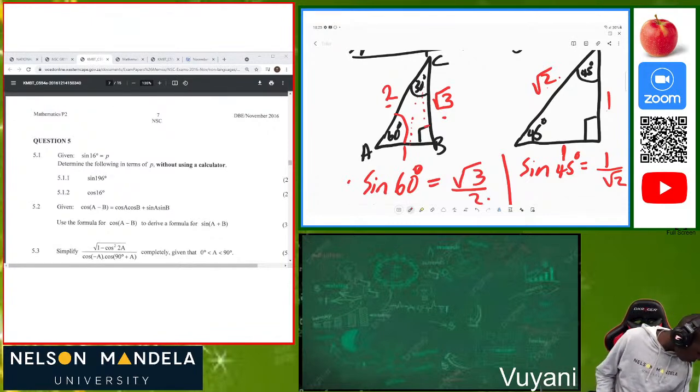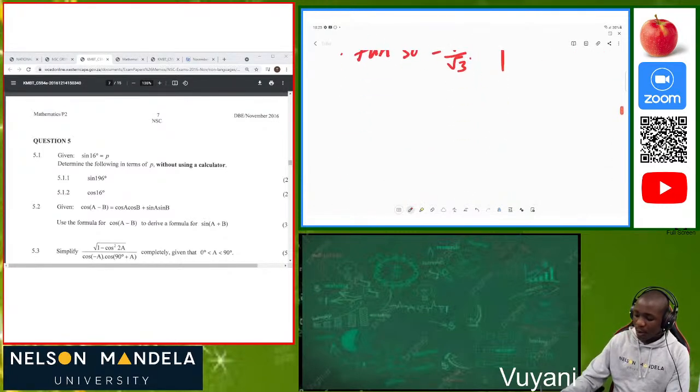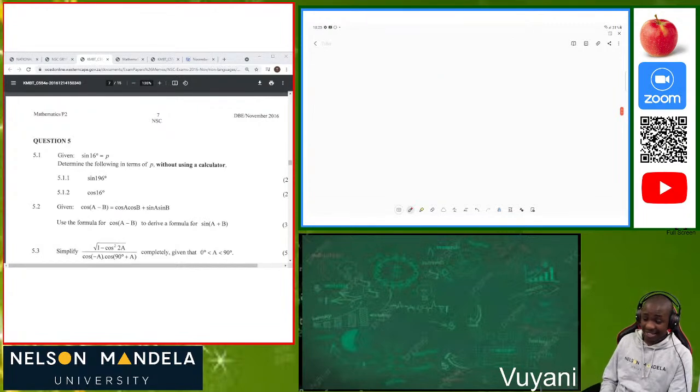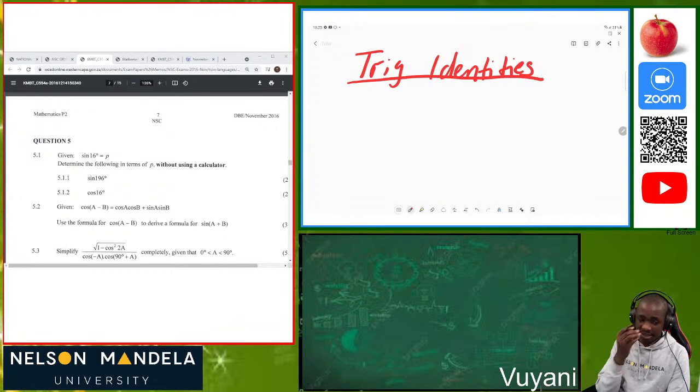Now, we move forward to what is called trigonometric identities. This is where our problems and the heat start. So we have what we call trig identities.